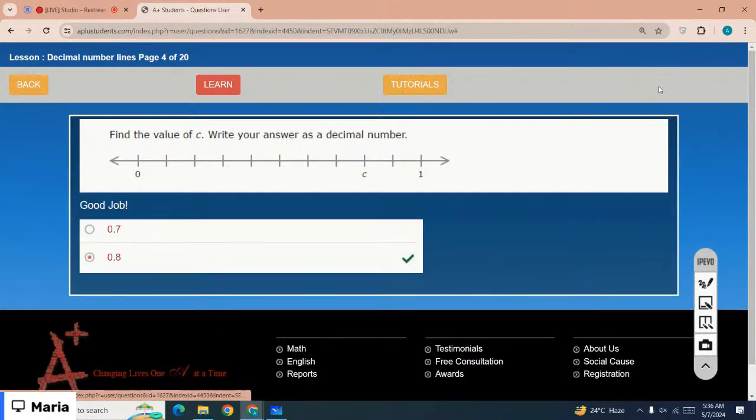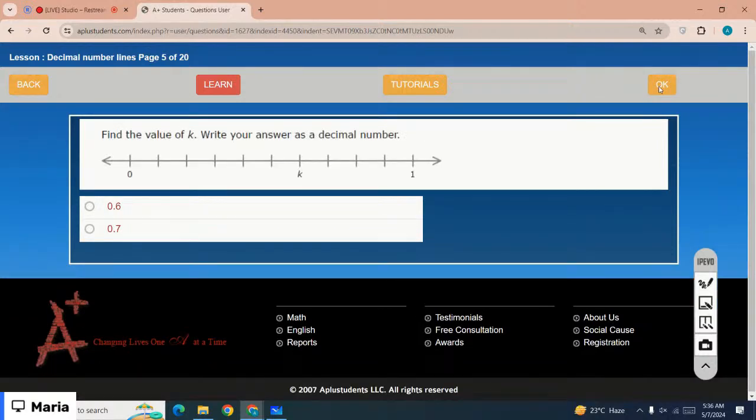The correct option is 0.8. That is 0.6 is the correct option.